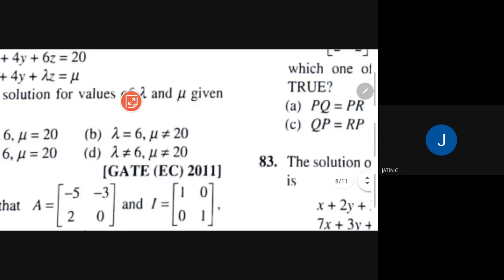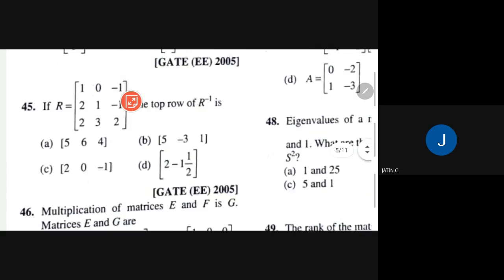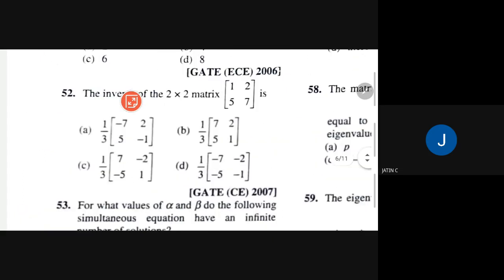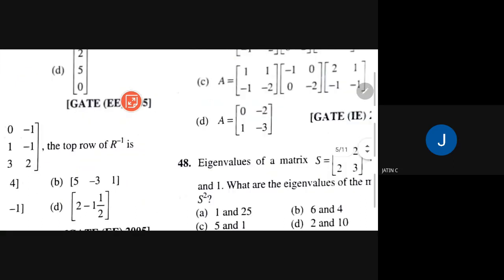No, B is not right. Here is 47. Yeah, 46. How can it be B?